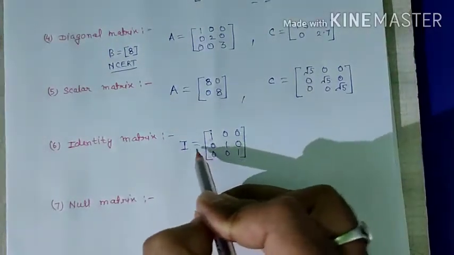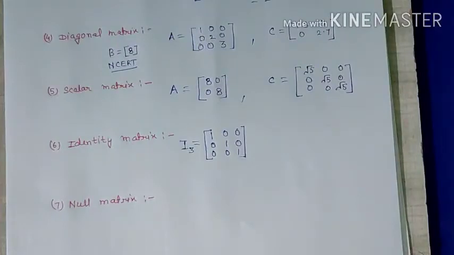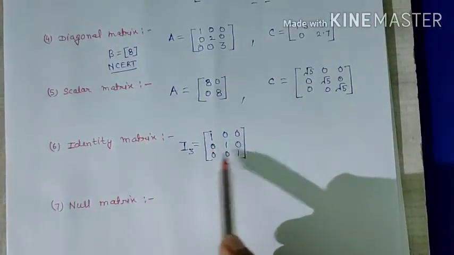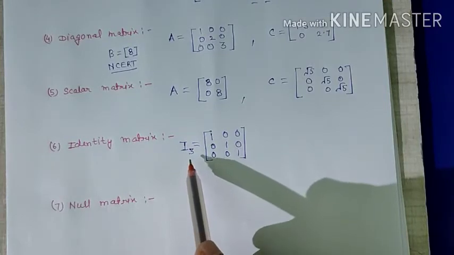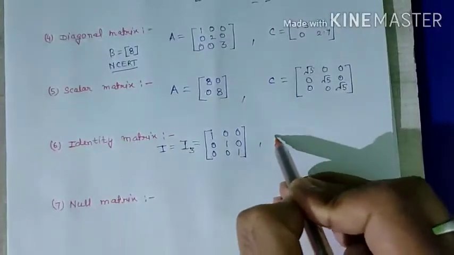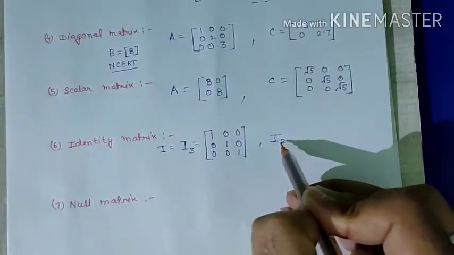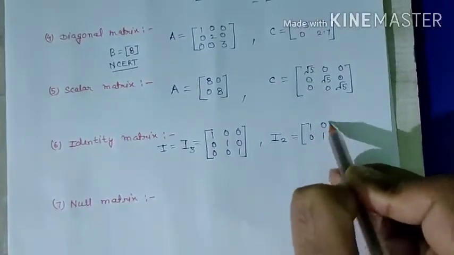Because the order is 3 and it must be a square matrix, we write it as I3, or simply I. Similarly, I2 means 1, 0, 0, 1.